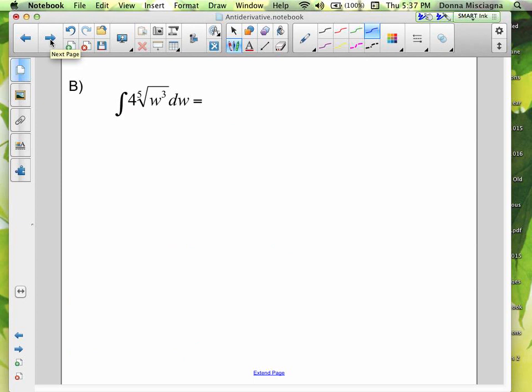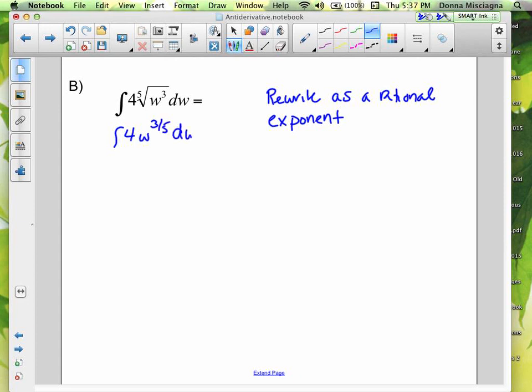But you do want to rewrite this as a rational exponent. Just like when we took the derivative, we rewrote any radicals as rational exponents. We do want to rewrite this as a rational exponent. Integral of 4 times w to the 3/5 dw.